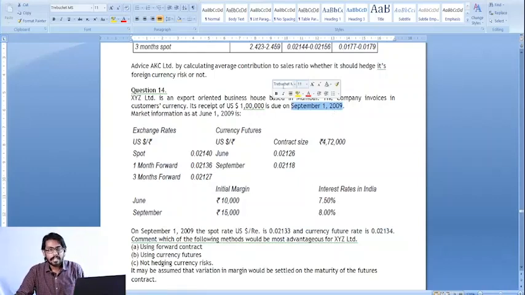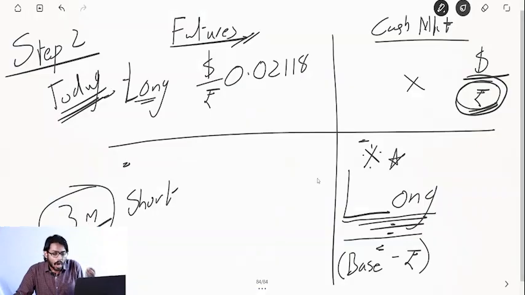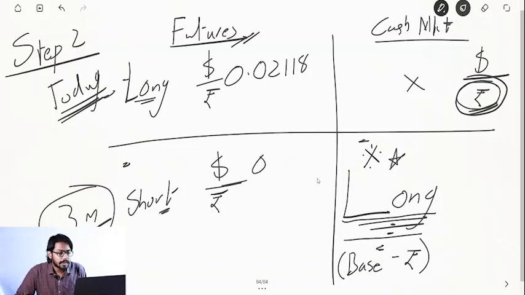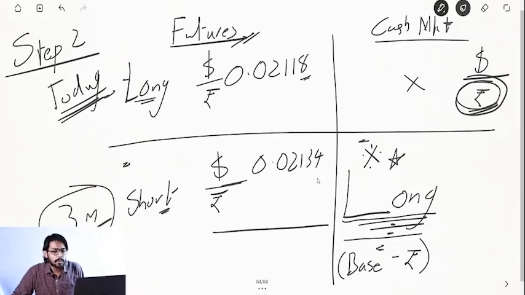So after 3 months, you go short, and the rate is 0.02134 dollar by rupee. So you are buying for 0.02118 and you are selling for 0.02134.